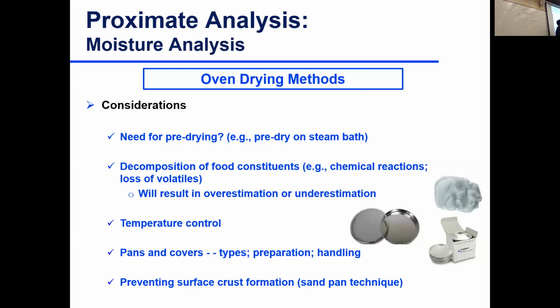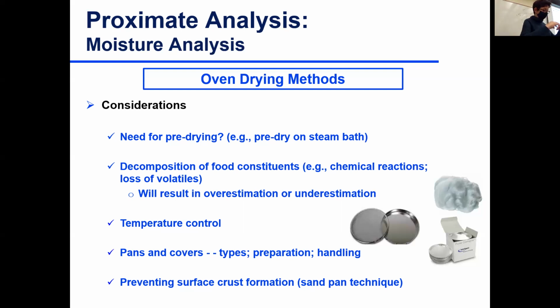Last one that works in an opposite way is lipid oxidation. So you might notice that in almonds next week, the almond group. High fat content can oxidize at high temperature. With oxidation, you're gaining oxygen from the environment.